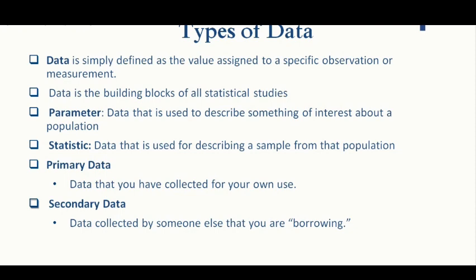Statistics is the subject we are talking about, whereas a statistic is a function of the sample observations, and statisticians refer to these two differently. Primary data is data you have collected for your own use, and secondary data is data collected by someone else that you are borrowing. But secondary data is not less important than primary data. Everything depends upon the context and interest of the study.